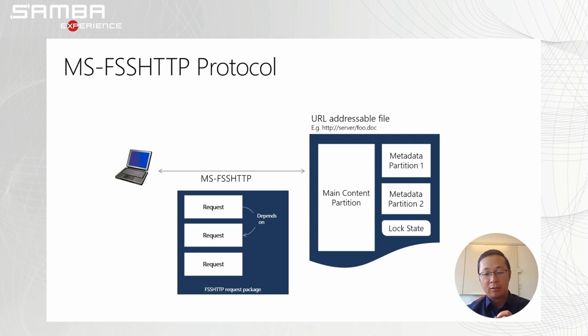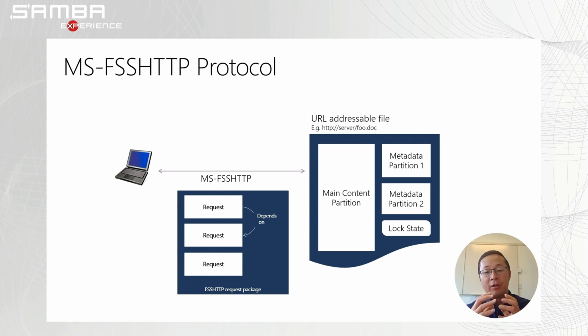The first one I want to talk about is the FSSHTTP protocol. This protocol defines the format of the messages we exchange between the client and the server. It's like what the request looks like, what the response looks like, right?